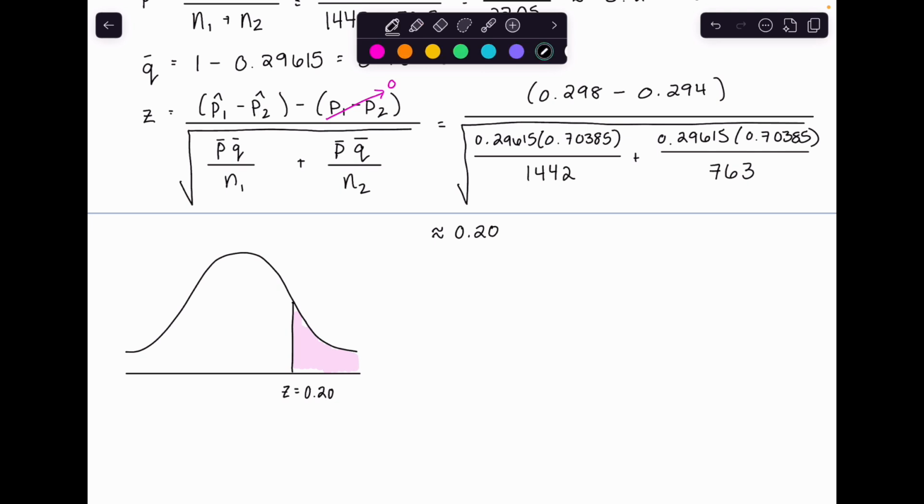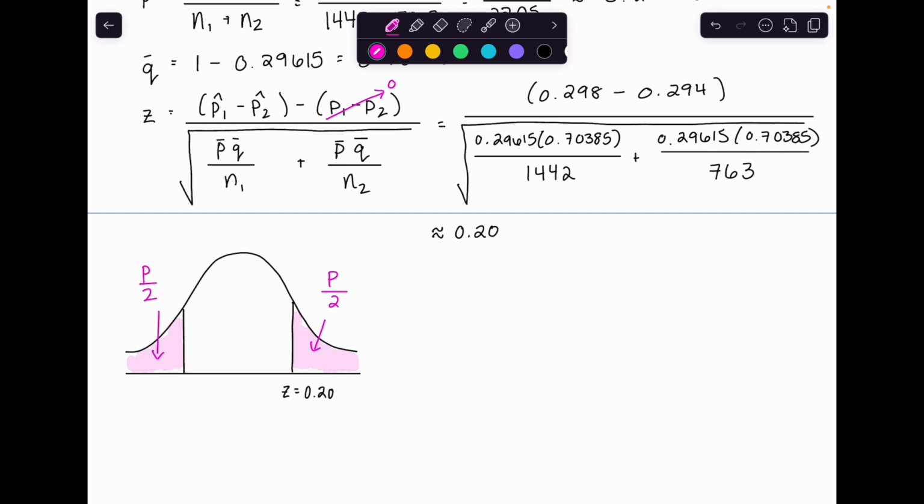And because this is a two-tailed test, that particular area is P divided by 2. Because this area over here is the same, this is also P over 2. So I need to figure out the area to the left of this test statistic, and then we're going to be able to figure out the area to the right and double it.